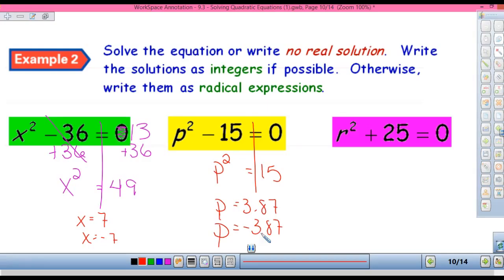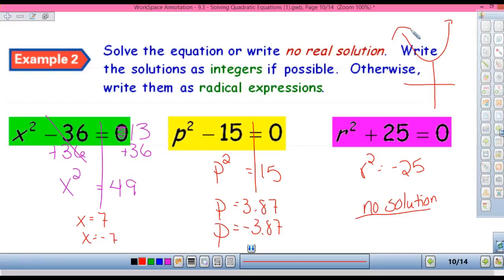Okay, so let's look at this guy. R squared equals negative 25. No solution. Why? Because you can't take the square root of a negative number. What does that mean? It means that if we plug this into our calculator, our graph would look like this.